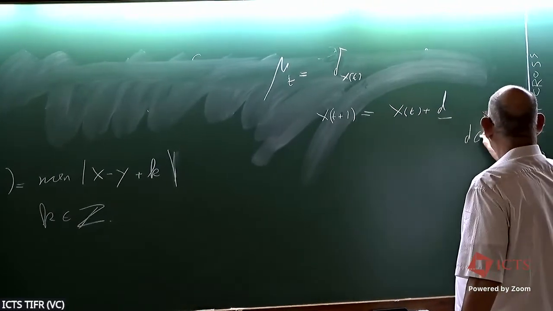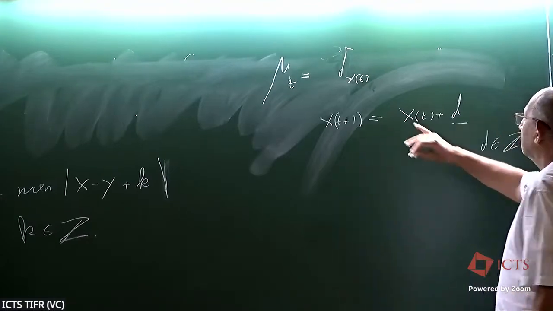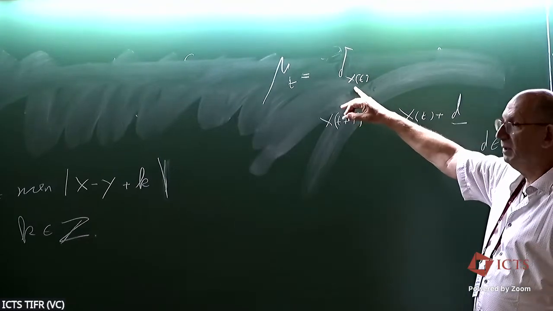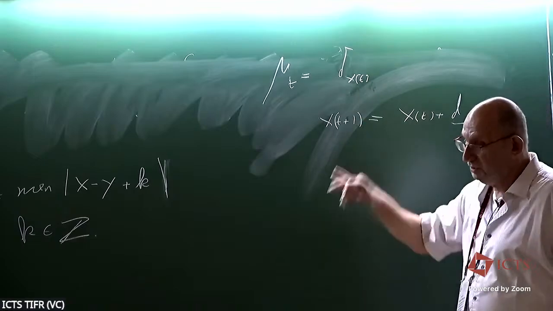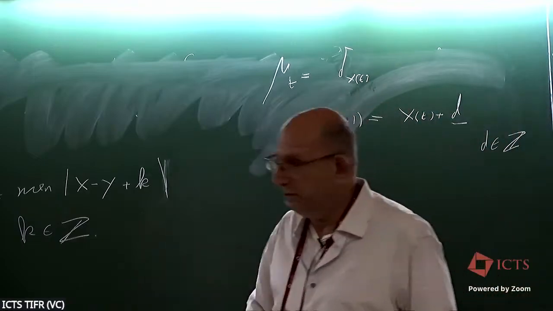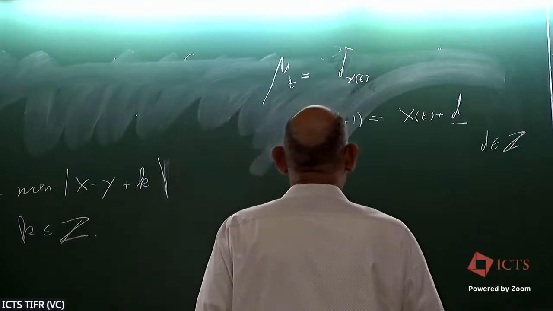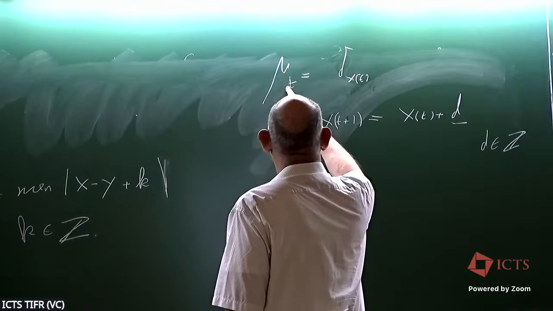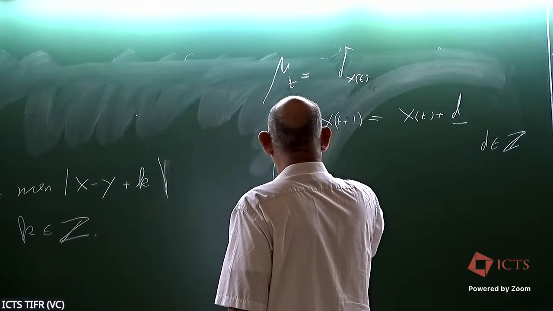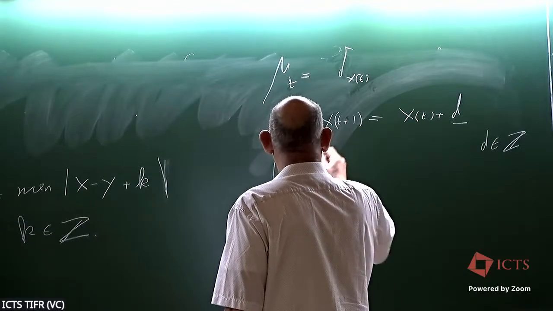And this integer is the index of this orbit on the circle. It measures how many revolutions it does per period. So of course the rotation number for this mu will be just d.